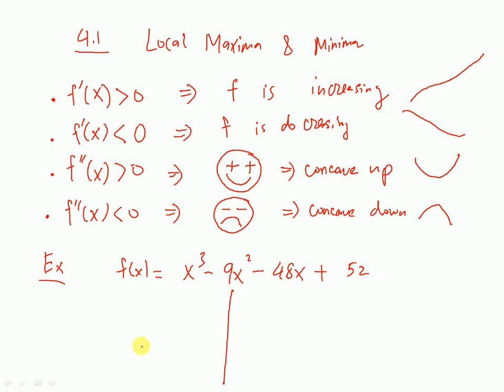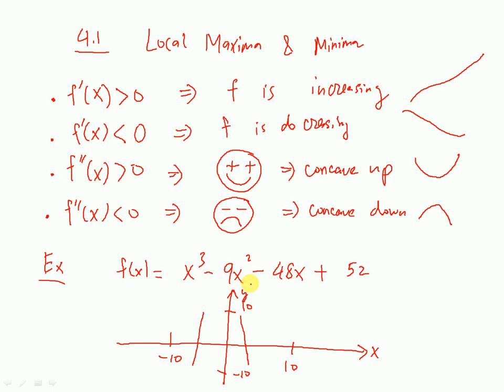If you are using the window scale from minus 10 to 10 and also 10 to negative 10 for the y, you will only see something like this. Okay, that doesn't mean anything, because actually this function, the y value is really huge, and 10 to minus 10, this range is not enough to catch the whole behavior of function.